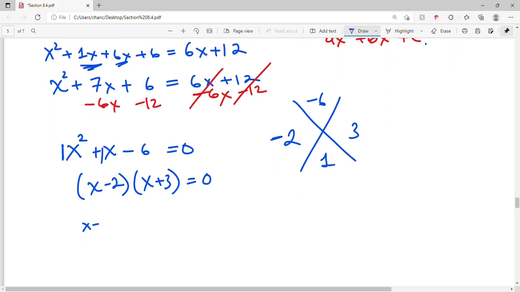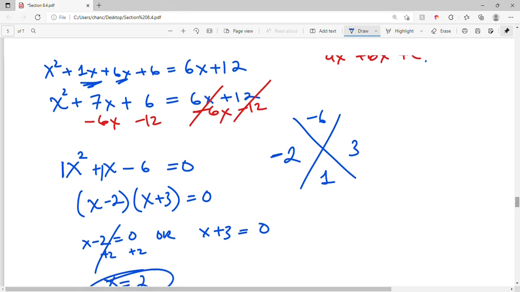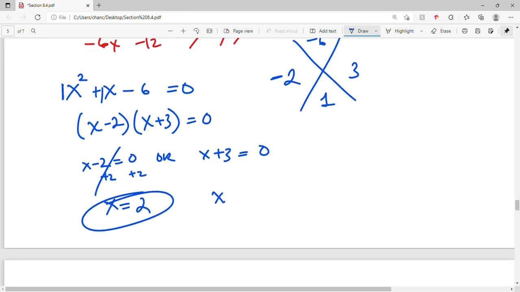I can set each one equal to 0 now and solve. For the first case, we have x equals 2 as one potential solution. And for the other case, if we subtract 3 to both sides, we get x equals negative 3. So this is our second potential solution.